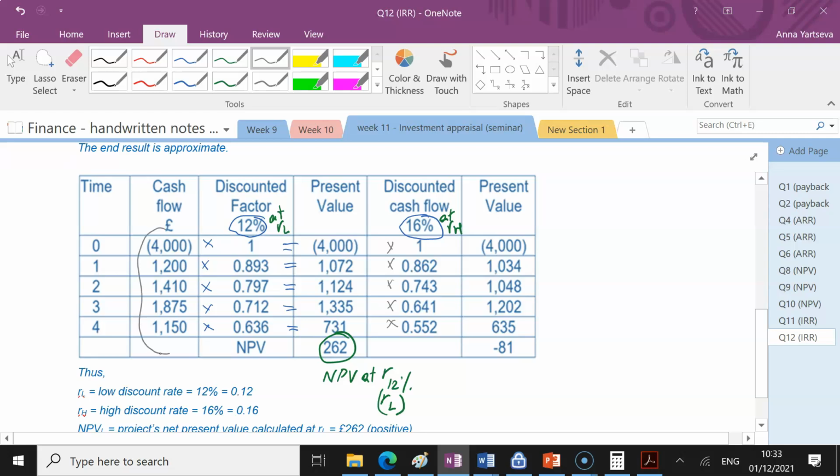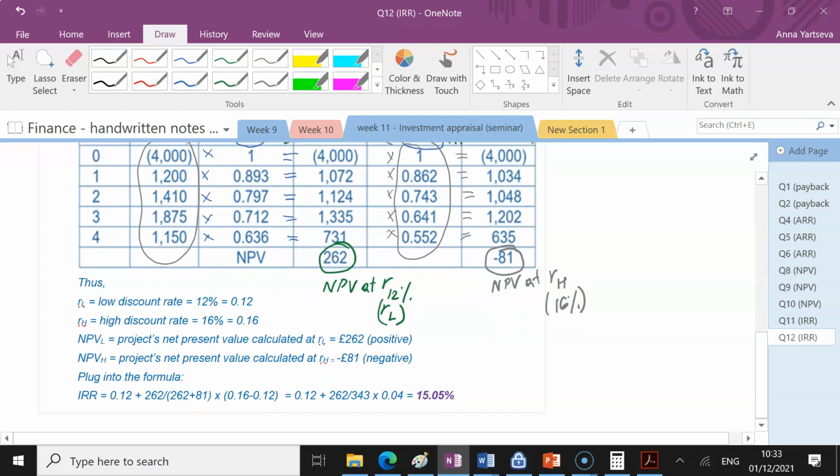We take our cash flows, multiply them by our discount factors, and we will get a different set of values. So these are present values, net present value at RH, which is 16%, the high discount rate, right? Two different net present values.